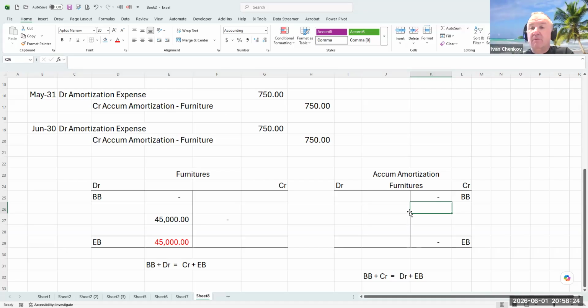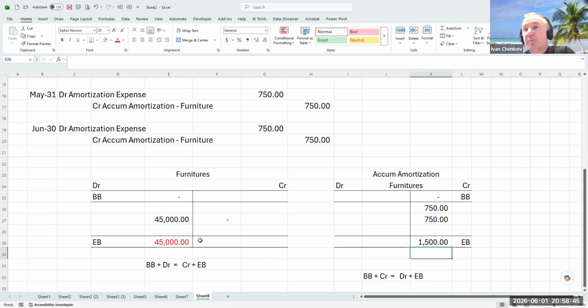So we have 750 for May and 750 for June. In total, we're going to have an ending balance equal to this one plus that one, 1,500.